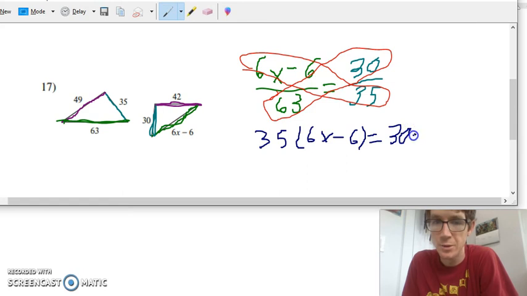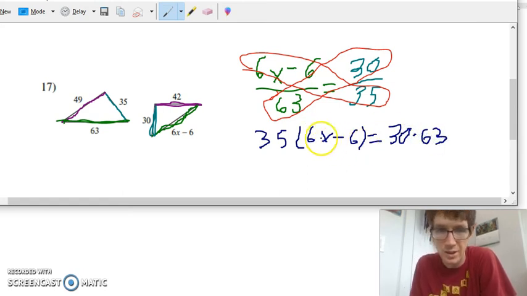So this looks a lot more complicated, but I'm going through the exact same process I did before. Now I just have to solve a little bit of a harder algebra problem.